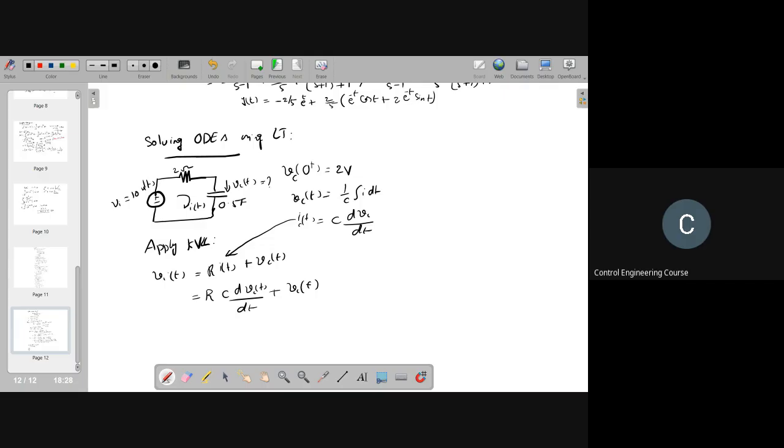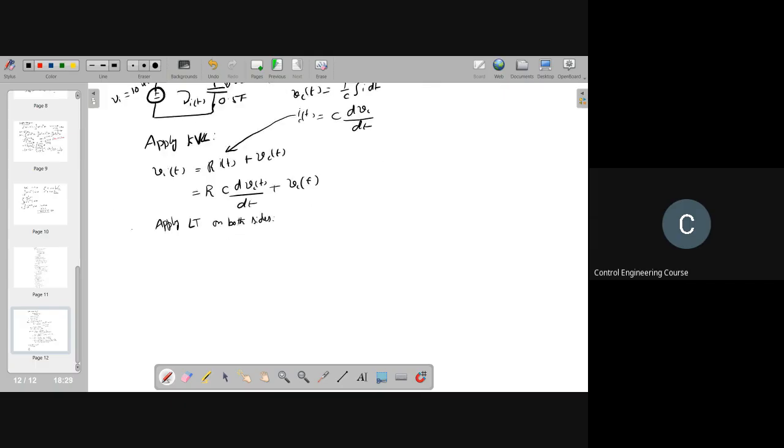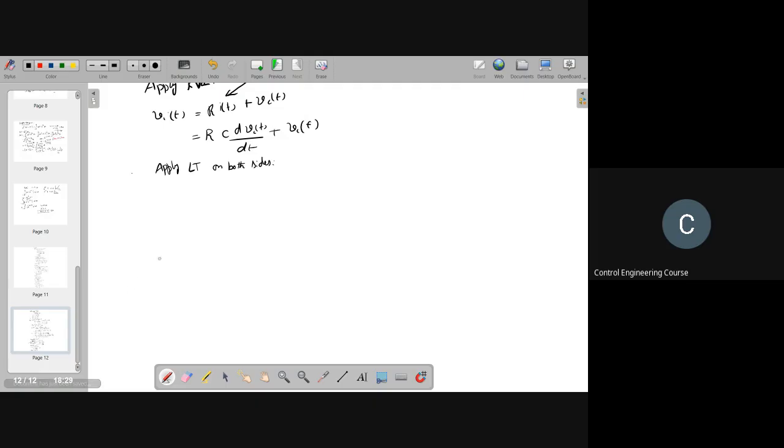Now apply Laplace transform on both sides. RC is 2 into 0.5, that is 1.